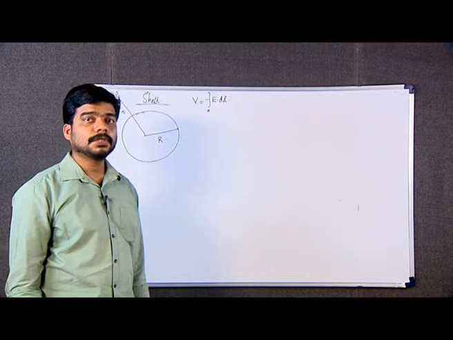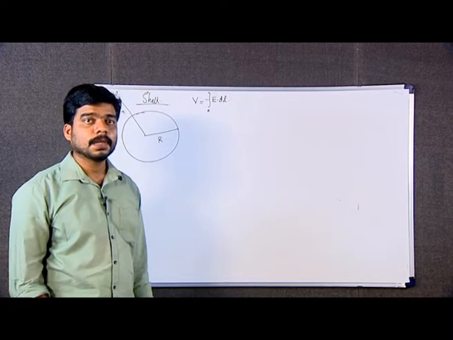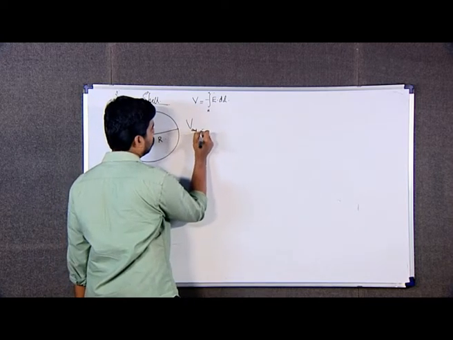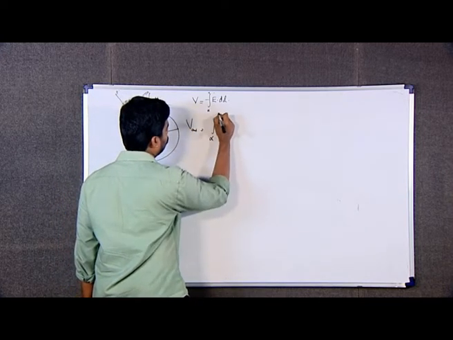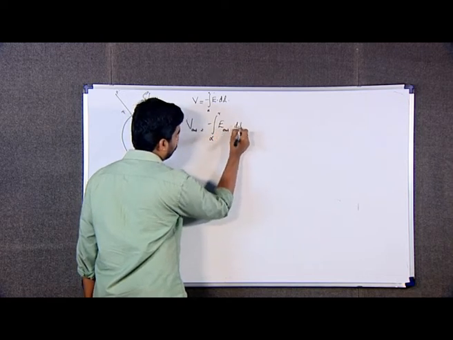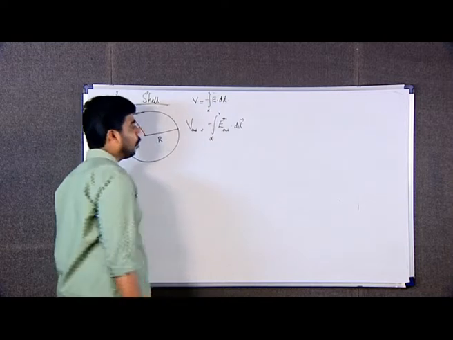Now, I can choose this reference point as infinity, and I can write V out equal to the integral from infinity to r of minus E out dot dl.